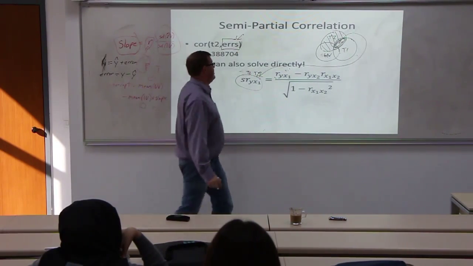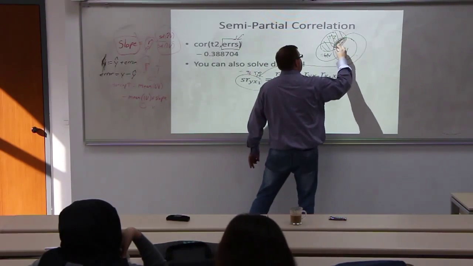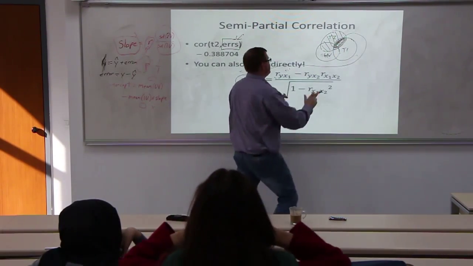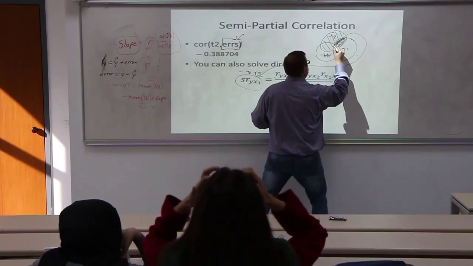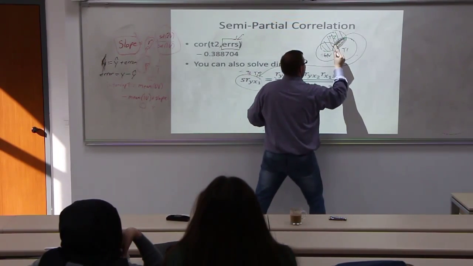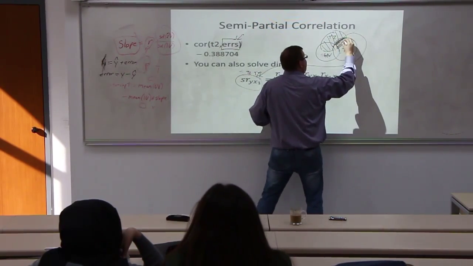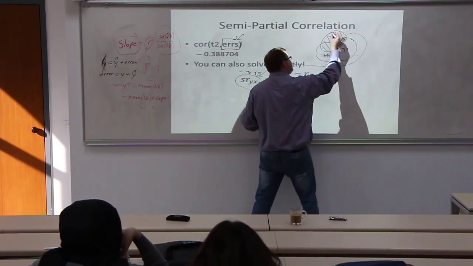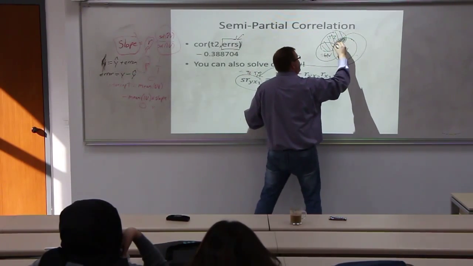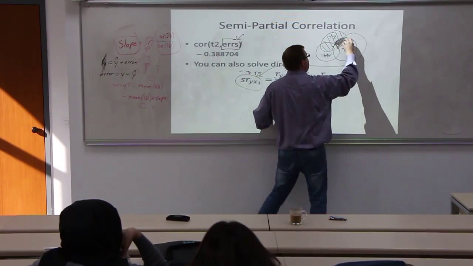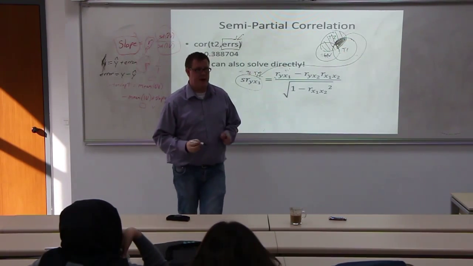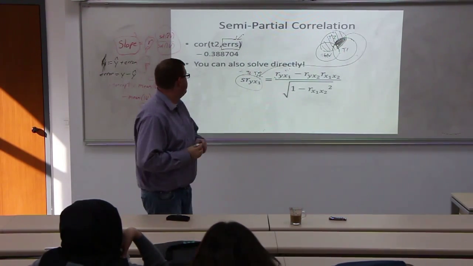The percent that's explained by the unique relationship, I'm sorry, not this part, not that part. The part of T2, so this is all of the T2, that is uniquely explained by T1. That's that. Okay?